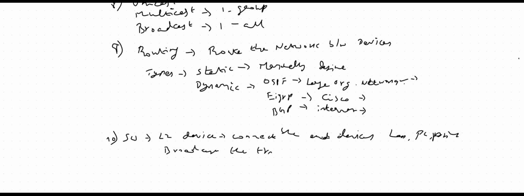Switch is a layer 2 device. It can be used to connect the endpoint devices like PC, printers. It broadcasts the traffic to reach the destinations.